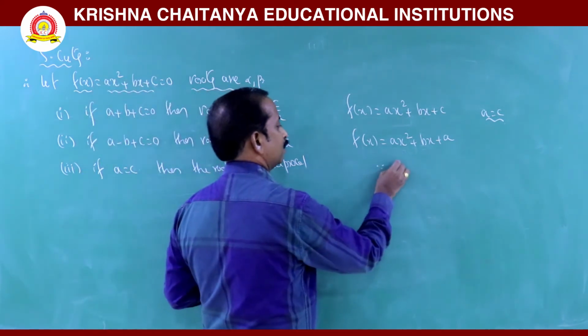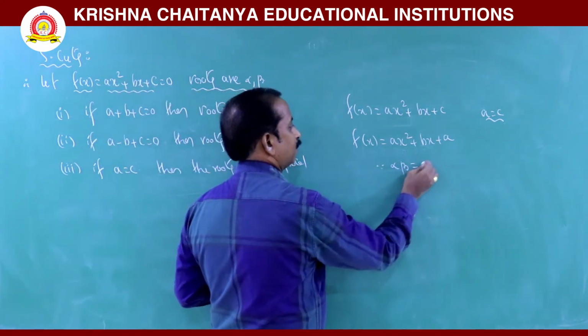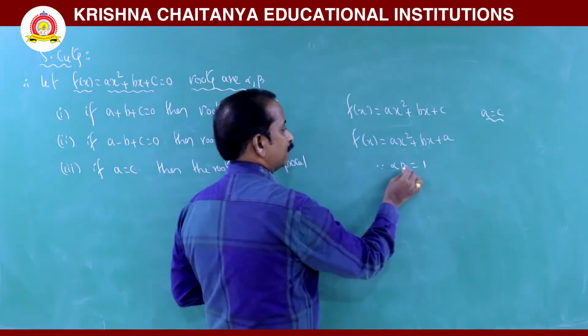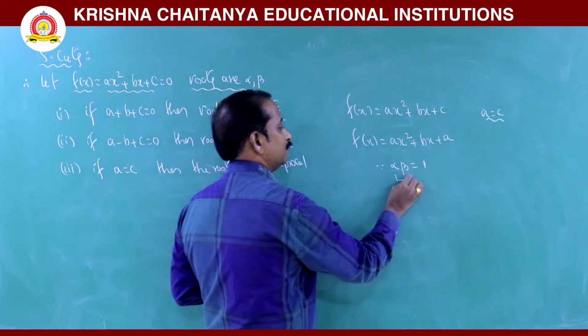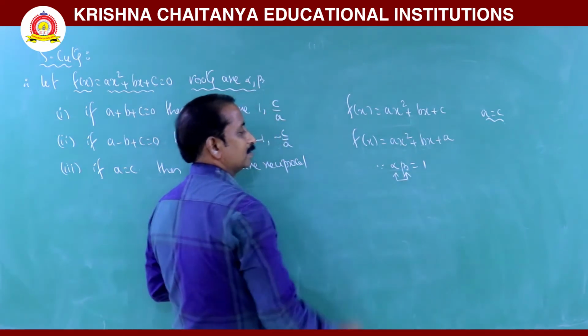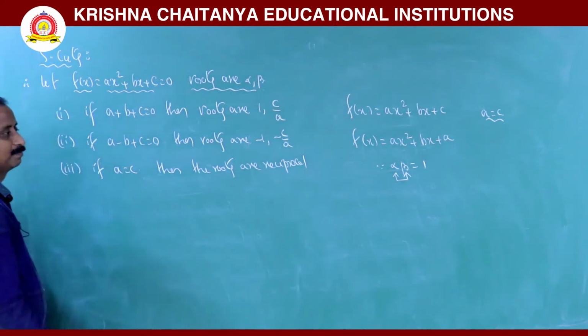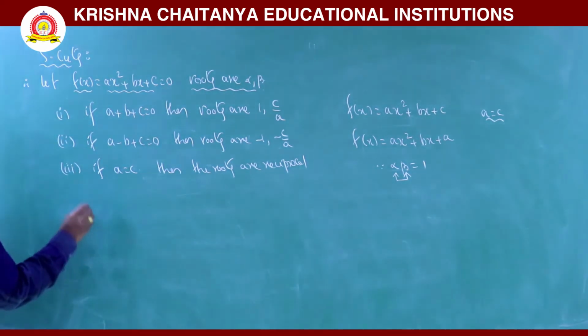Now consider alpha into beta. Alpha into beta is nothing but c by a, which means 1. Now the product of the roots is nothing but 1. Now we said that the roots are reciprocal. So up to now this problem is over. Next, this concept is over.